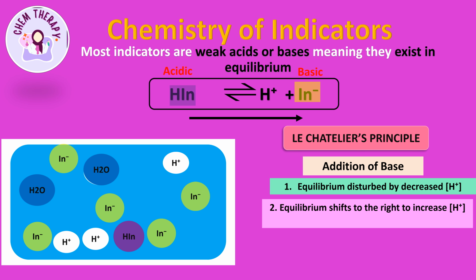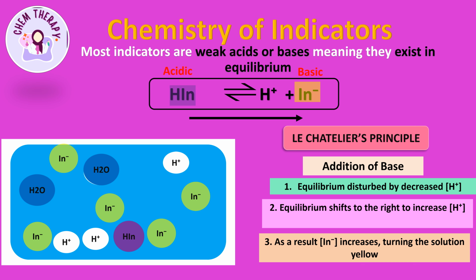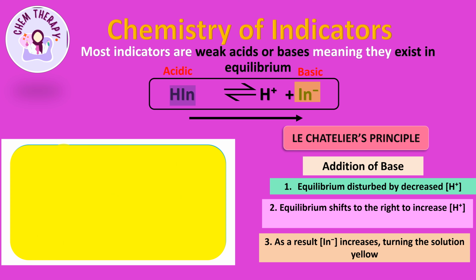HIn will break down into hydrogen ions and indicator ions. As a result, the concentration of yellow indicator ions increases in the solution, so the solution turns yellow. In this way, acid-base indicators indicate the pH range of a solution by changing color.